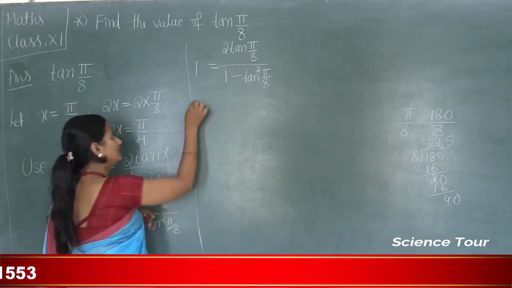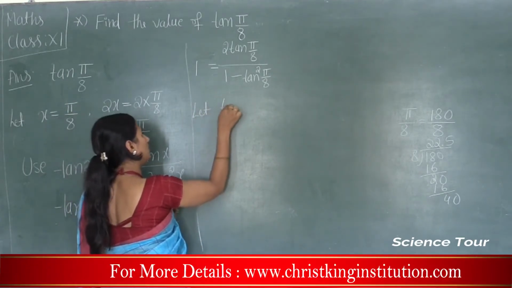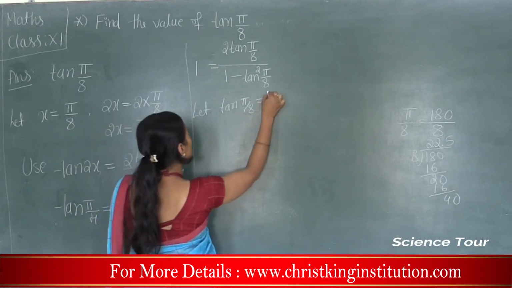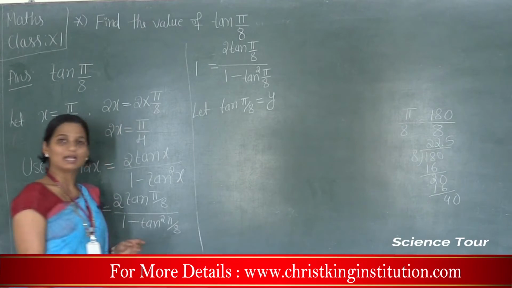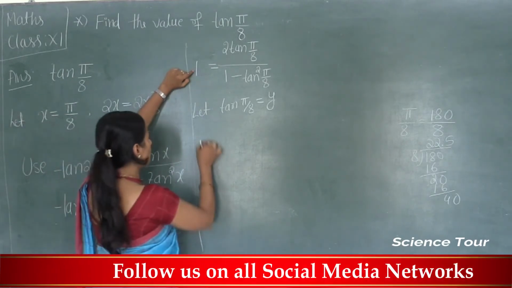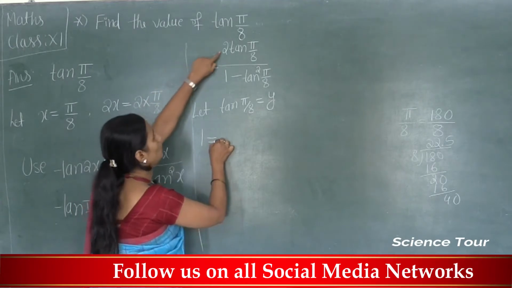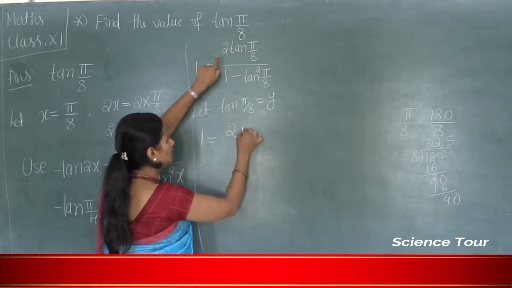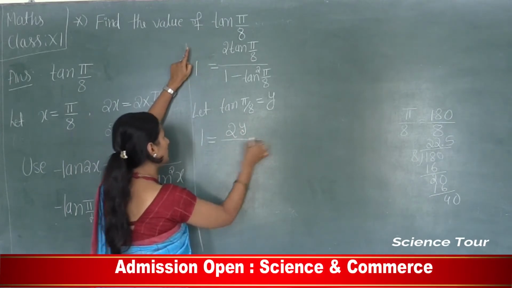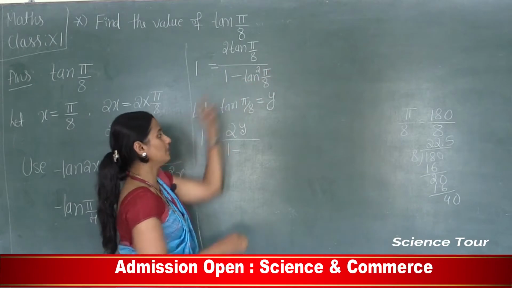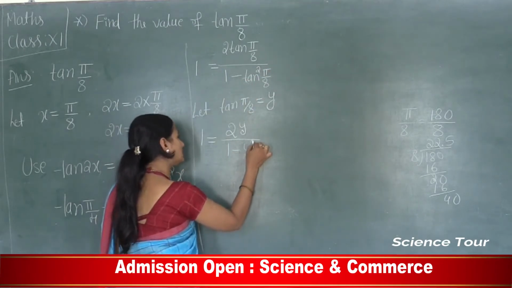Now let us take tan pi by 8 as y. So now 1 is equal to 2 into y, the value of tan pi by 8, divided by 1 minus y square, since tan square pi by 8 is y square.